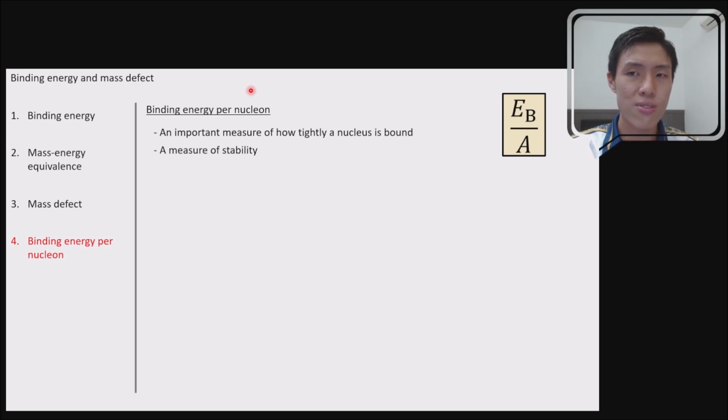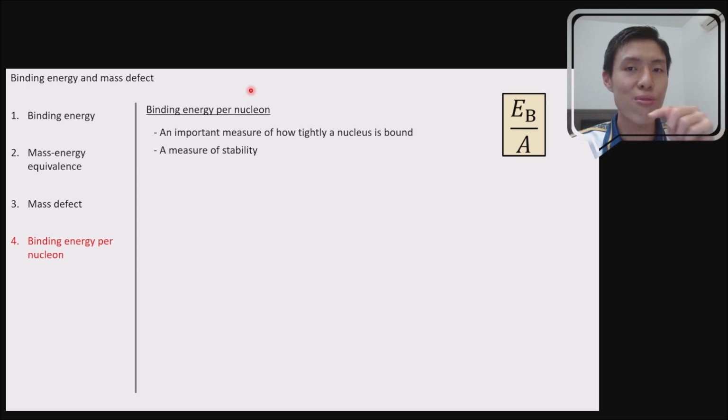But when we talk about this value, to remove one nucleon from the nucleus, that process is not a physically doable kind of process. You cannot just take one nucleon from the nucleus. It's not that easy. We don't really do this kind of process, but it is just an idea to represent how difficult it is to break apart the nucleus.